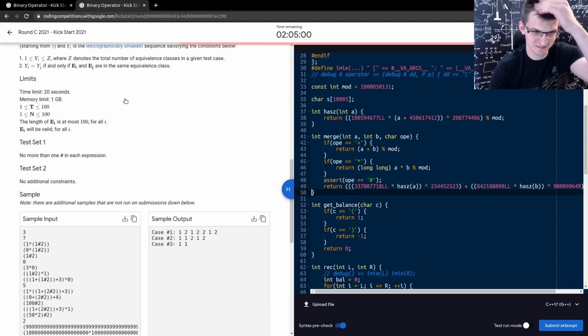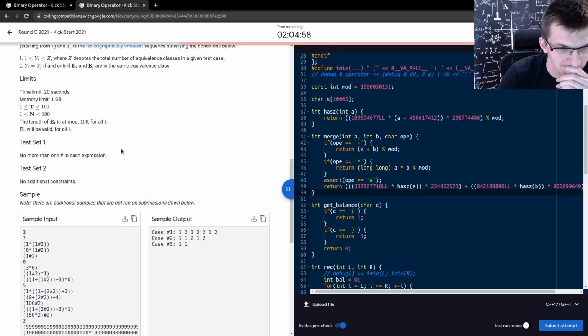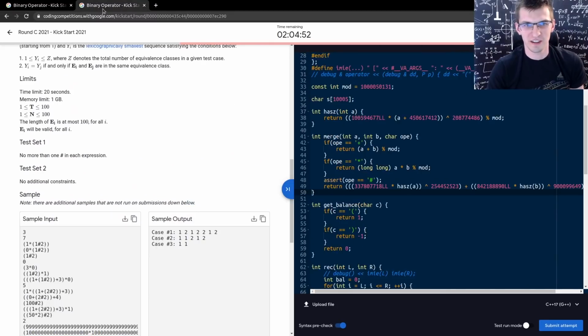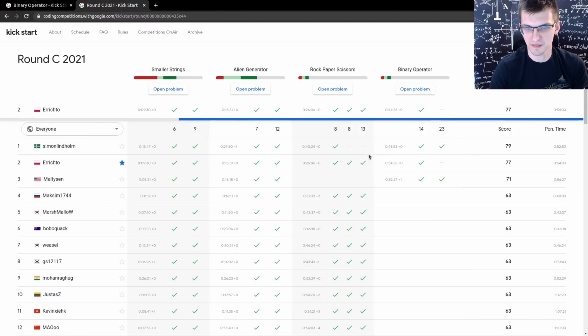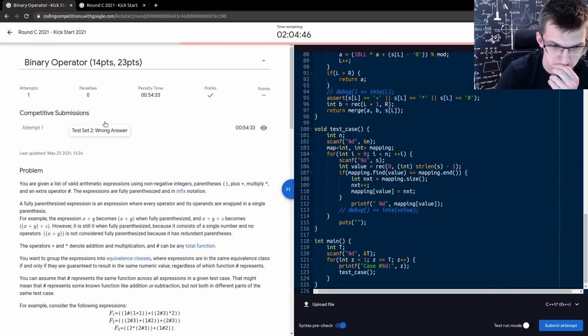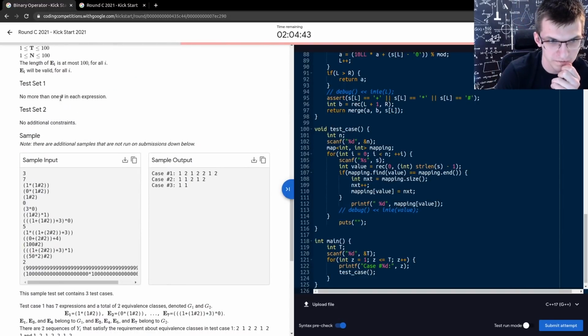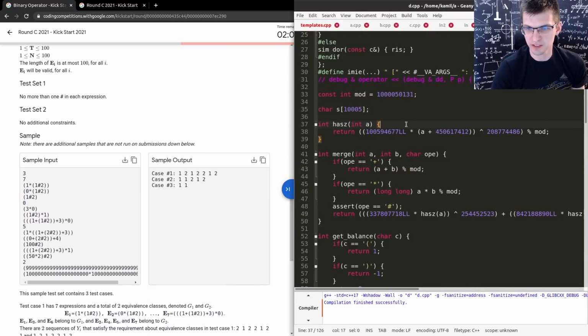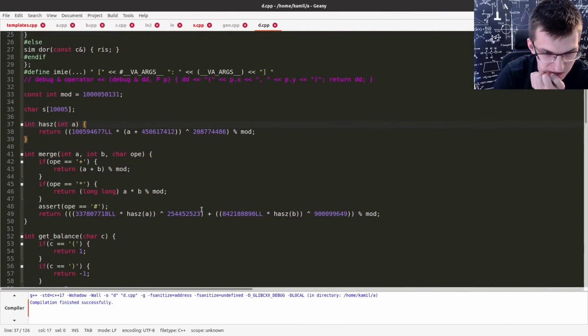Oh. Wrong answer. If there are multiple hashes, then it becomes bad. Do I have some special property of my function?